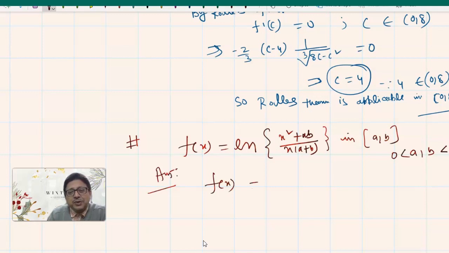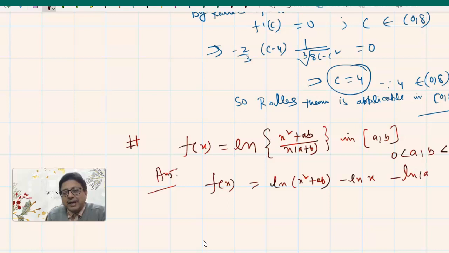So let us answer it. Obviously you are not going to plot the graph of this function. Plotting will take a long time for this function. So you write this as ln(x square plus ab) minus ln x minus ln(a plus b). So let us find the derivative also for this function.